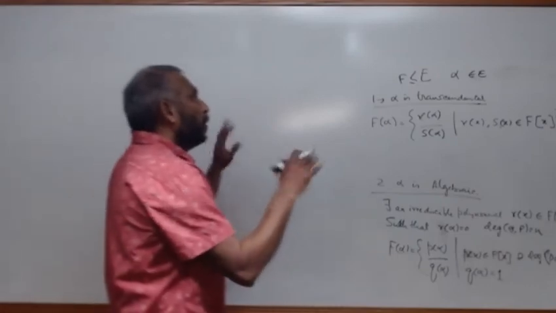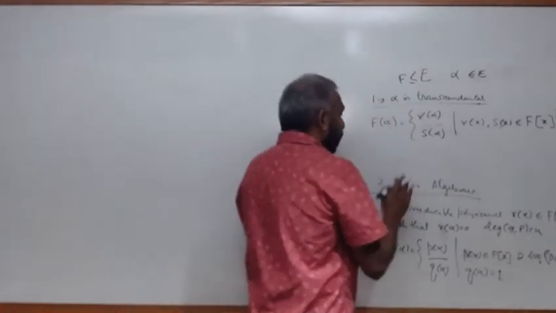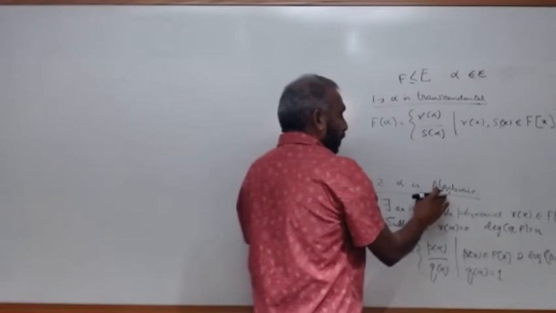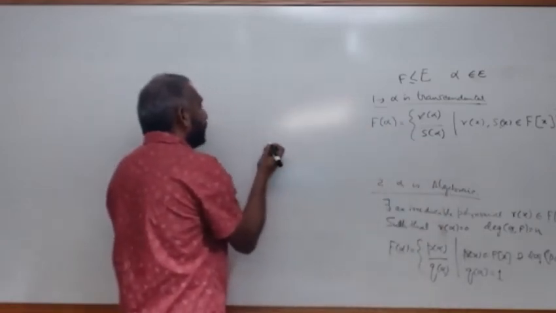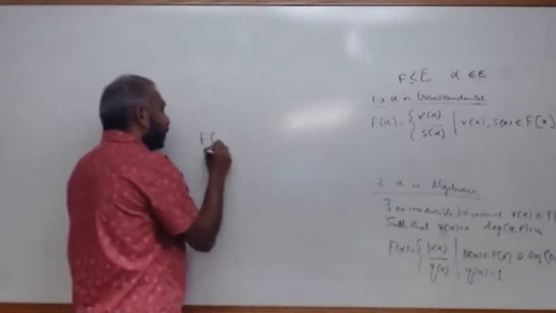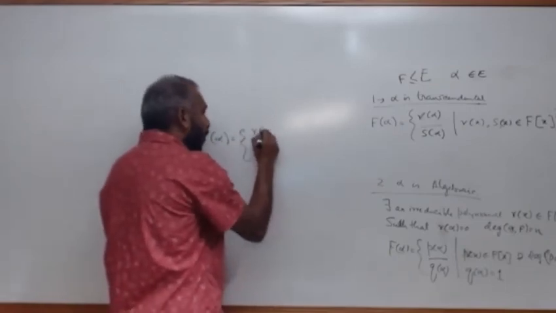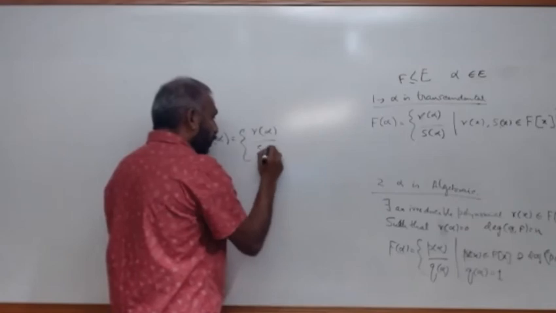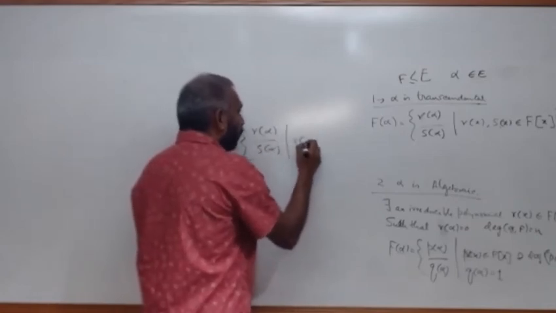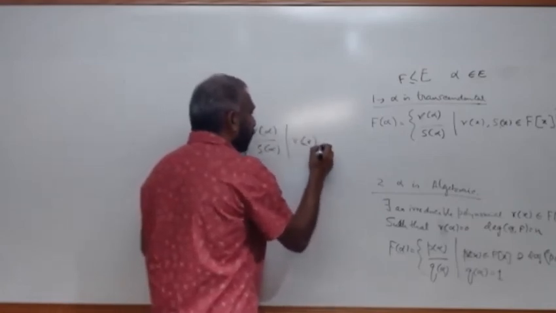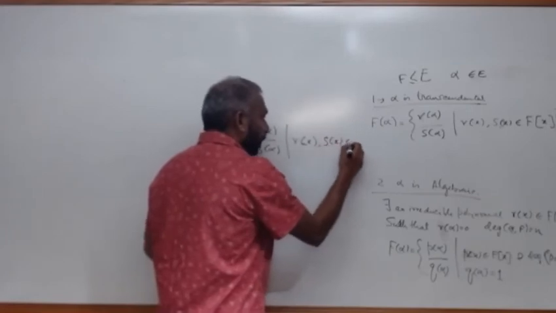So if you don't know whether it is transcendental or algebraic, we can write the simple extension of alpha as r of alpha by s of alpha, where r of x, s of x belong to F of x.